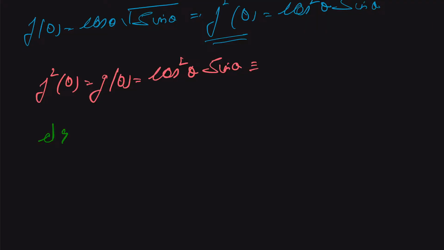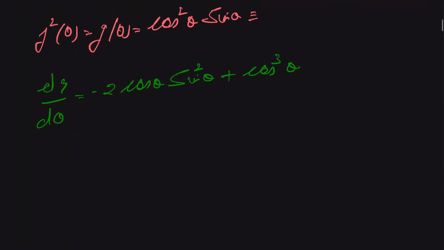So we get dg upon d theta, and cos square will be giving me 2 cos of theta times minus sine of theta, and this will be multiplied by sine of theta, plus, for the second term, cos square theta times derivative of sine, which is cos theta, so we are left with cos cube theta.